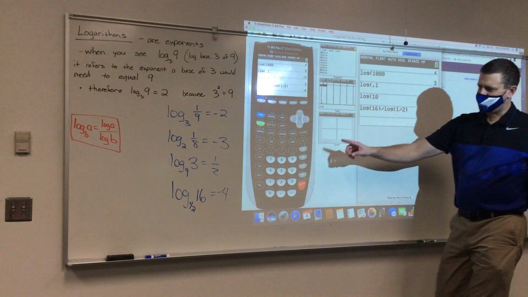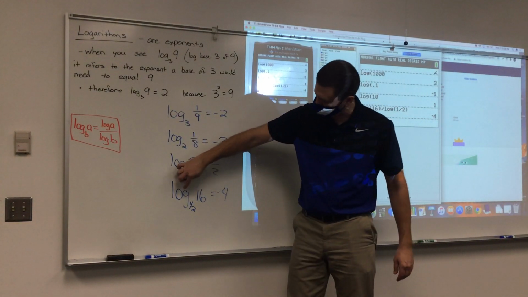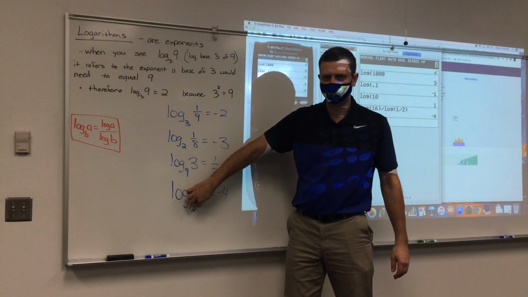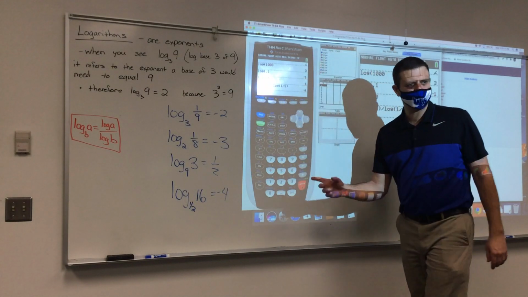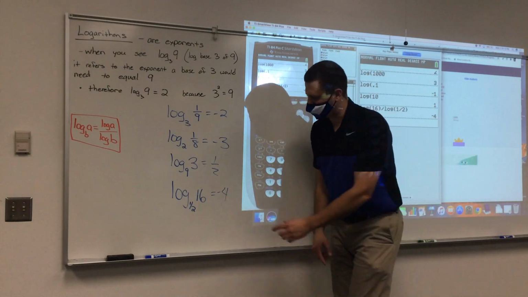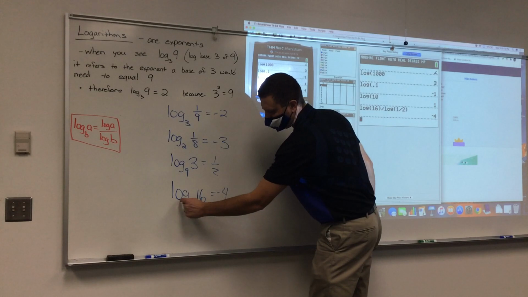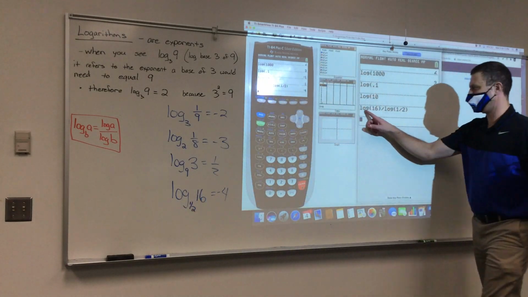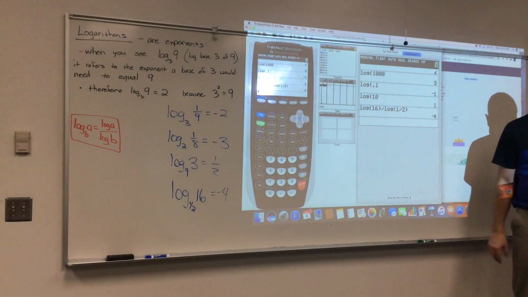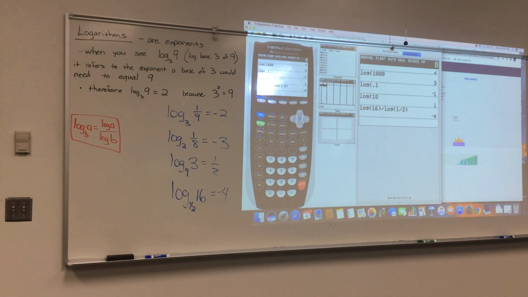I have to take the log of the big number and divide it by the log of the base. Close your parentheses.